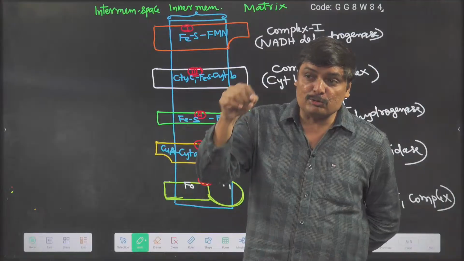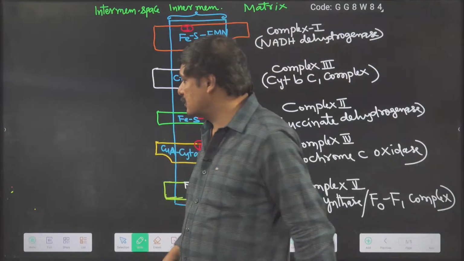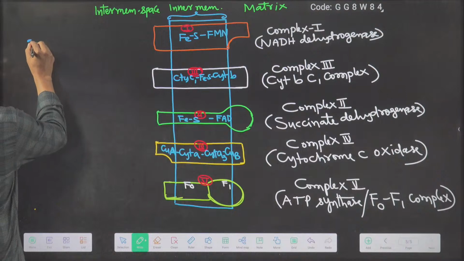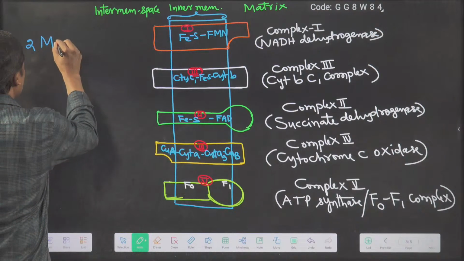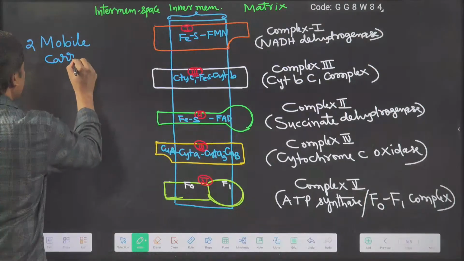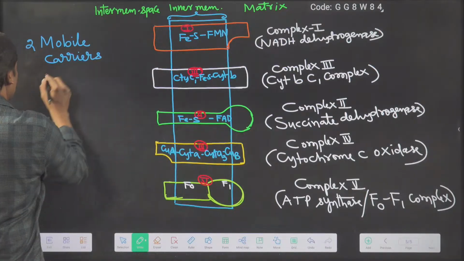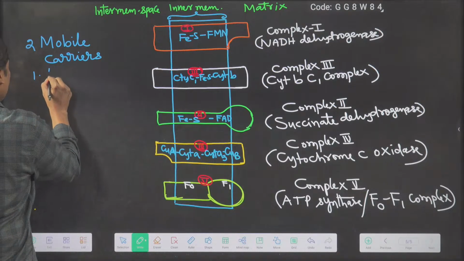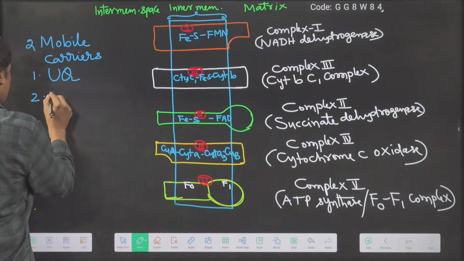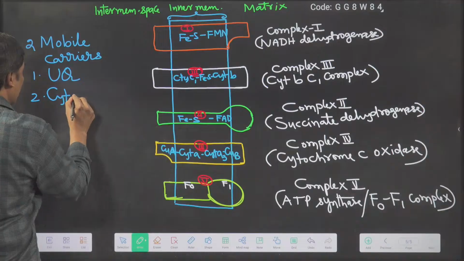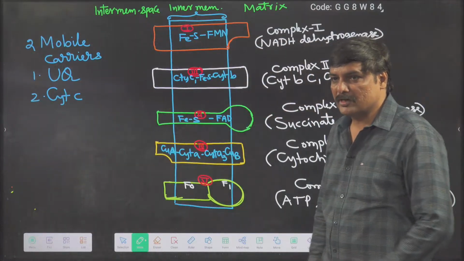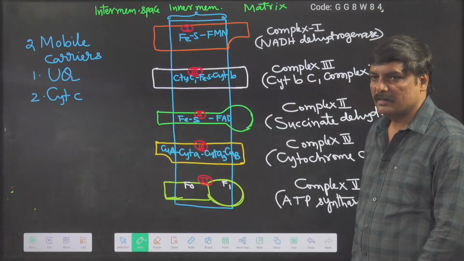In addition to these 5 complexes, 2 mobile carriers are present. One, ubiquinone. Second one, cytochrome C. Please students, please concentrate.